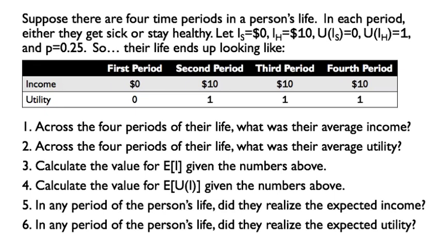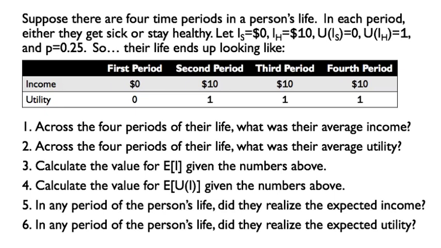Number 3, I want you to calculate the value for this person's expected income given the numbers above, where you're specifically looking at IS, IH, and P. Fourth question is I want you to calculate the value for this person's expected utility given the numbers above, where you're specifically looking at their utility under the sick income level, their utility under the healthy income level, and their P.